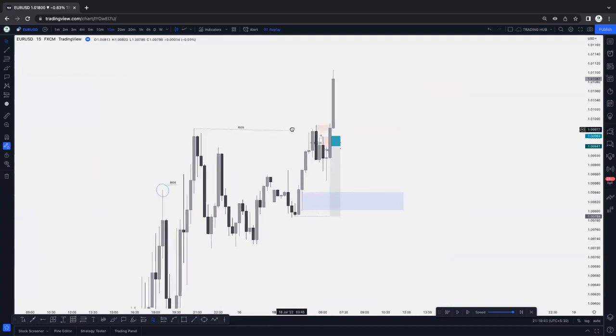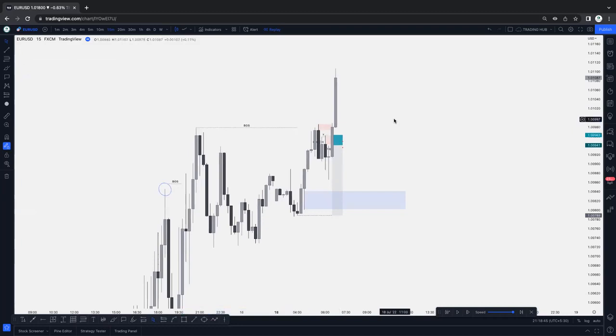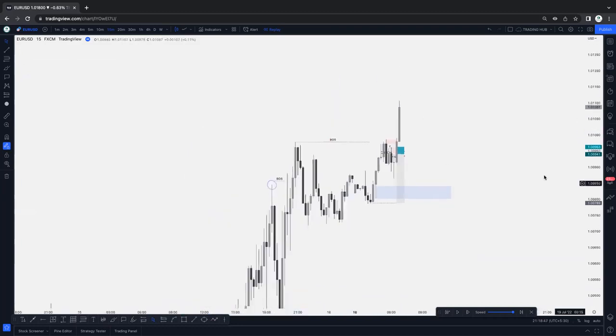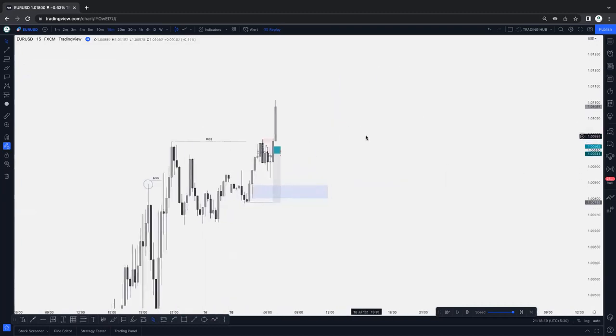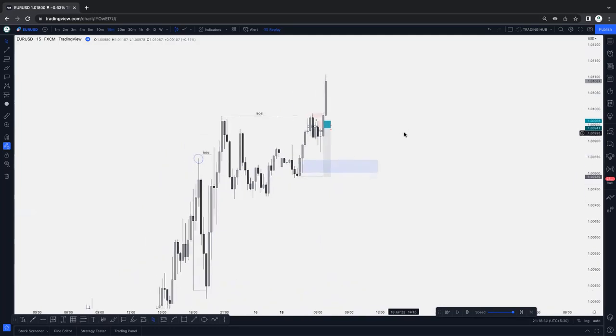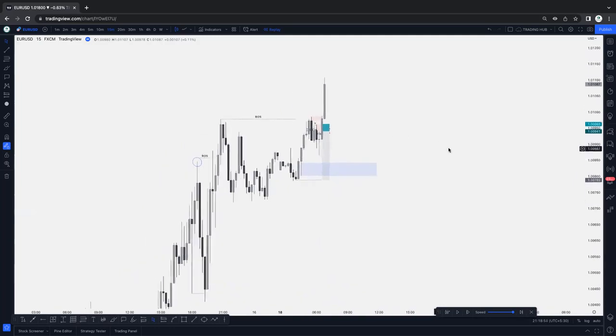And now this is our break of structure. After this break of structure, when can we buy? Here, this order block, or this one, or this one?